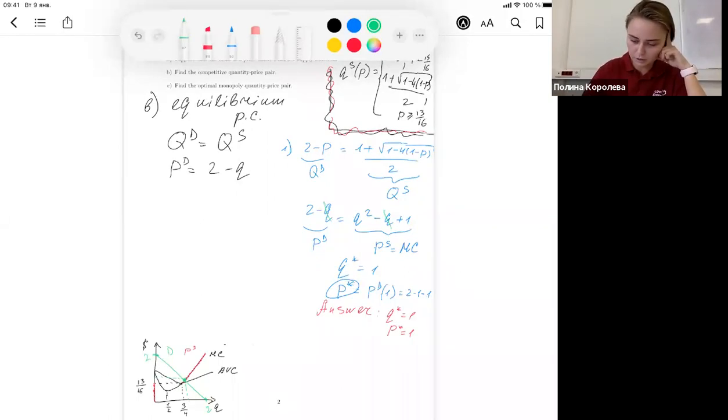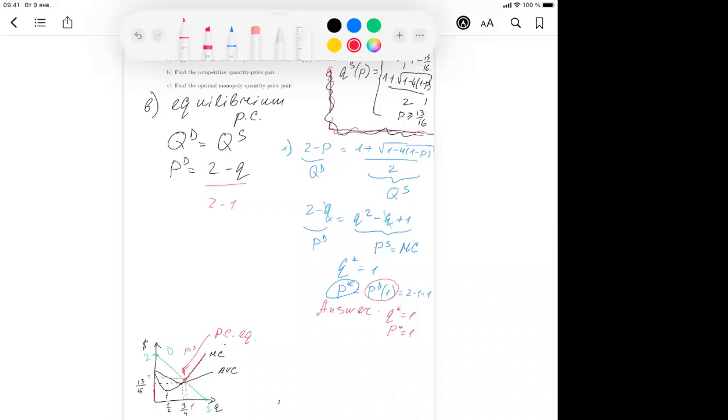And the price, 2 minus 1 equals 1. So here also 1 on our graph. So this is the perfectly competitive equilibrium. Clear? Yes, thank you.